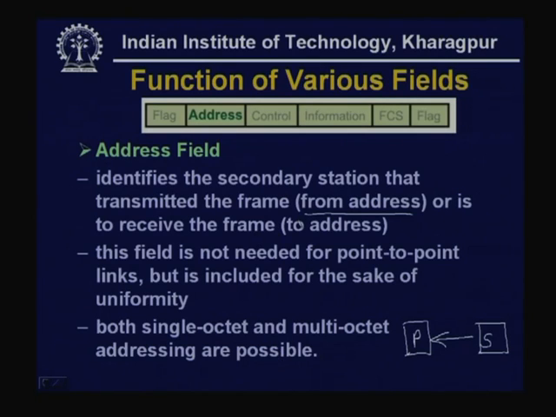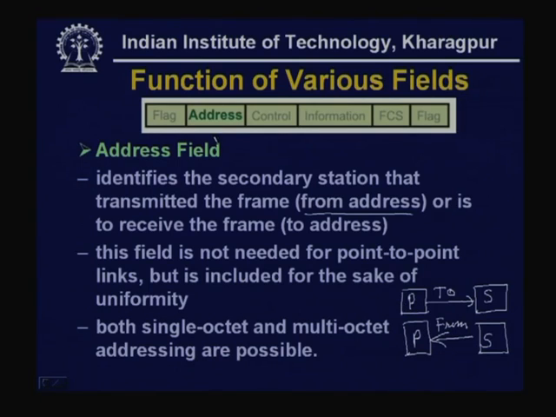On the other hand, there is another situation, whenever it is going from a primary to a secondary. So, this is your primary and this is your secondary. When it is going from here to here, then the address is essentially the to address. So, here it is to, here it is from.